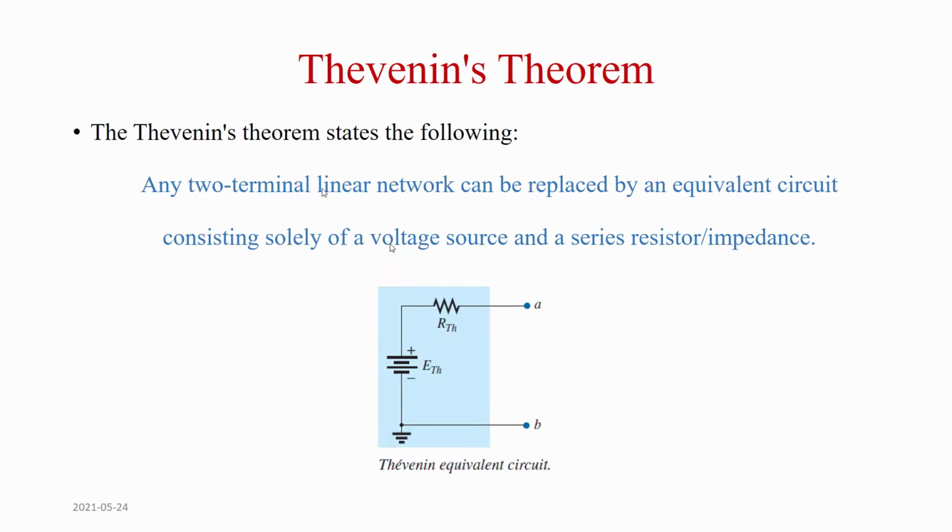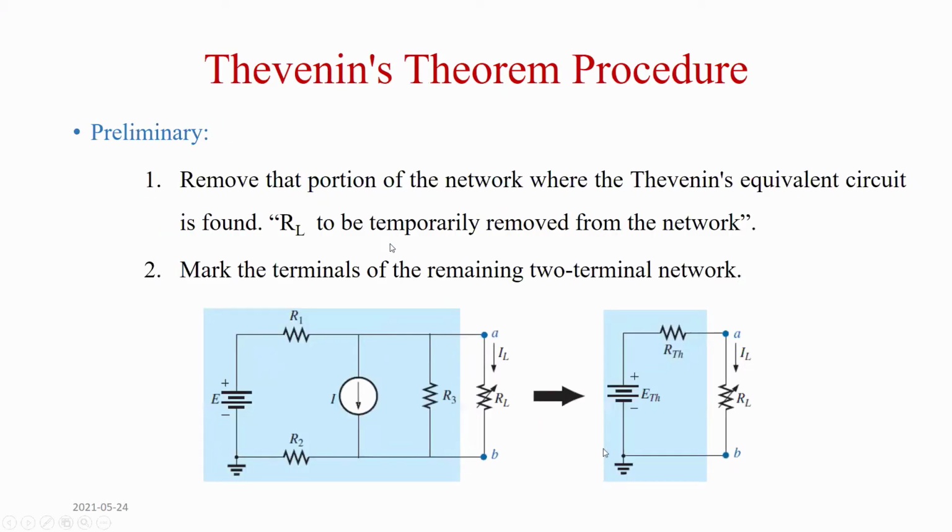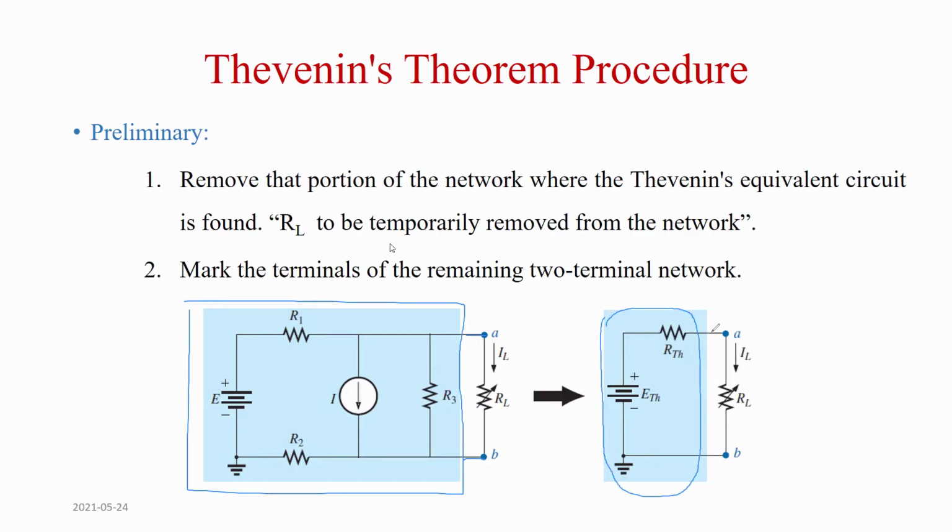Now we're going to go through the procedure. My job is I have a circuit, a network. It has 2 terminals, this and this. I want to find the equivalent circuit for this circuit, at the same terminals. So first thing, RL, whatever is between the 2 terminals, is not included in my circuit.